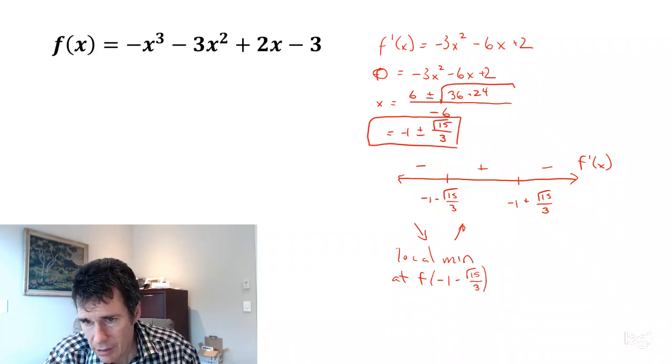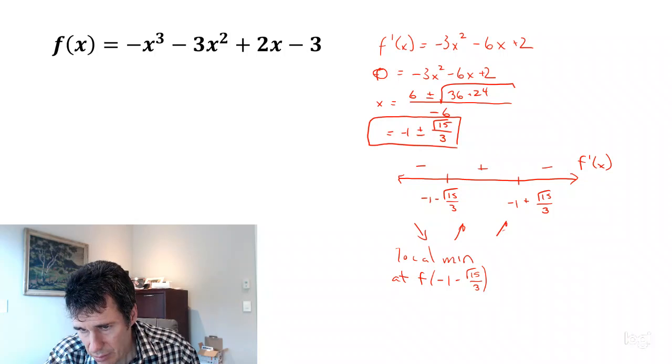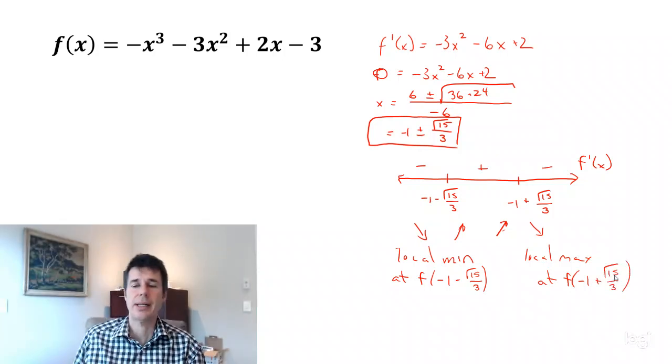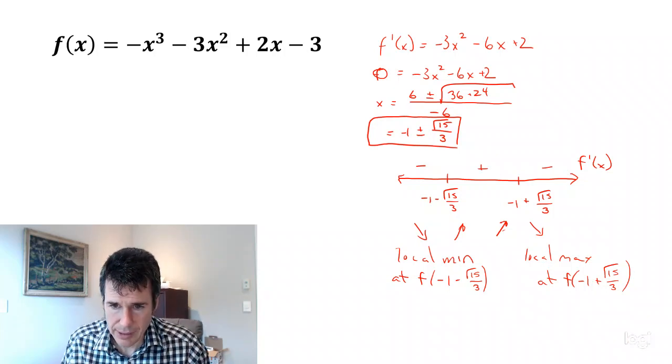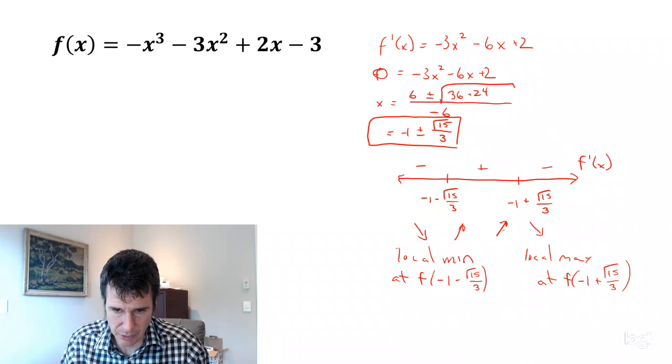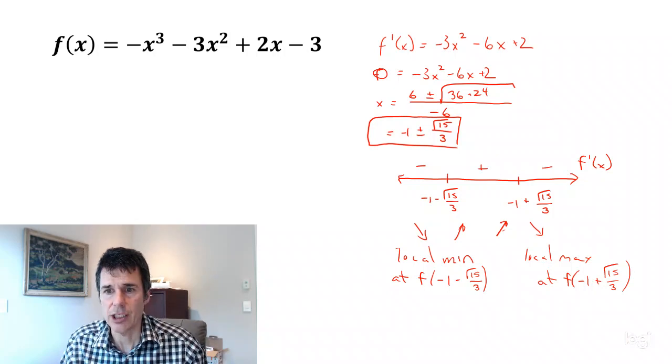And then here, the function is increasing and then decreasing, which means we have a local maximum at f of negative 1 plus square root of 15 over 3. And again, I'm not sure I want to do that calculation, but basically I could plug these numbers into this function and I would find out at what values we have a local minimum and a local maximum.